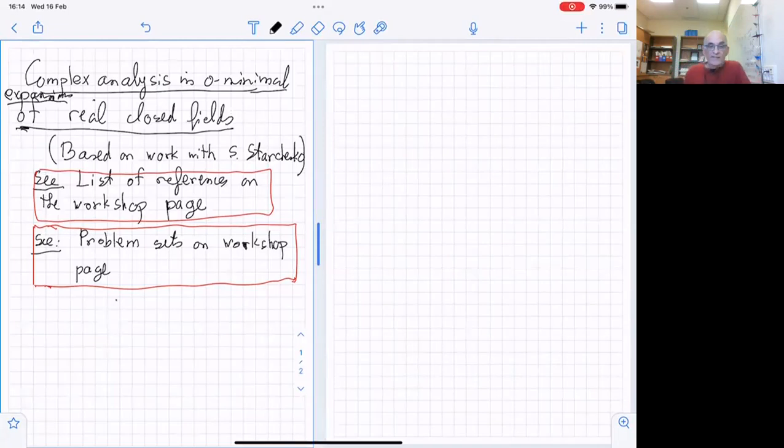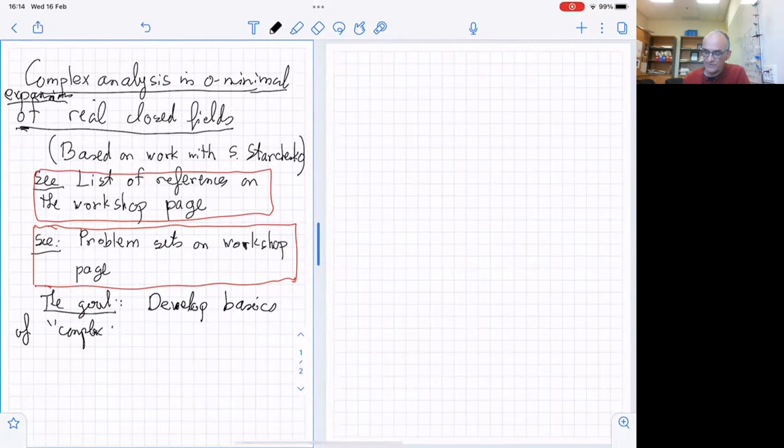Now, the goal of the whole project here, the goal of this module is to develop basics of, I'll call it complex analysis. It will not be over the complex numbers.